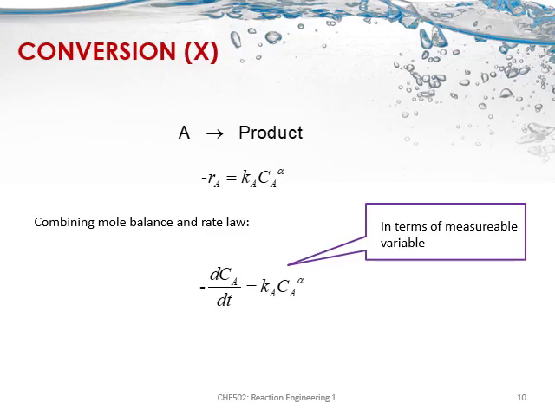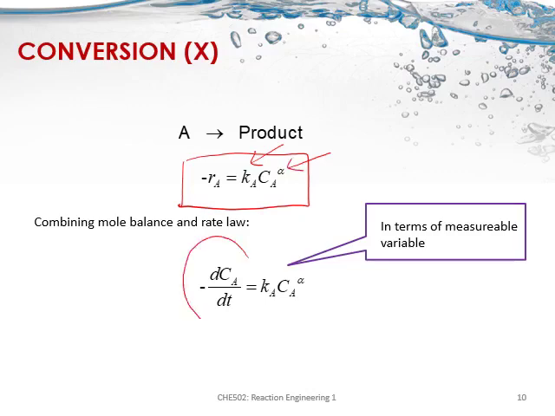Alright, so in this example, we have the rate law, the one that I mentioned earlier. In the determination of rate law, you are going to determine the value of the rate constant and the reaction order, alpha.